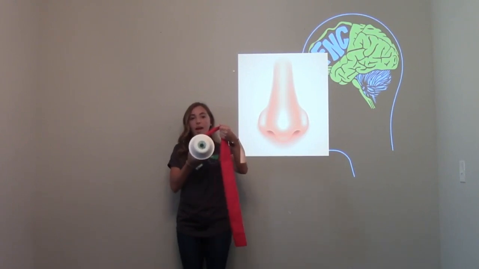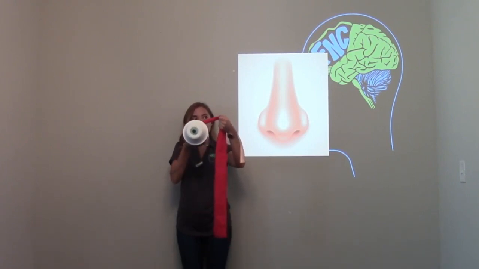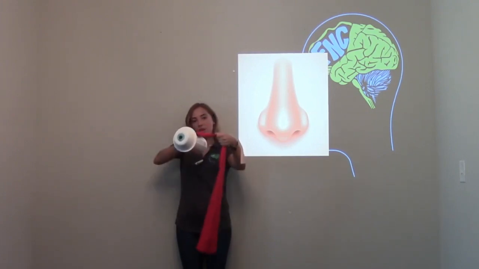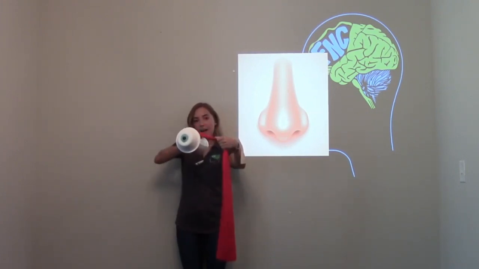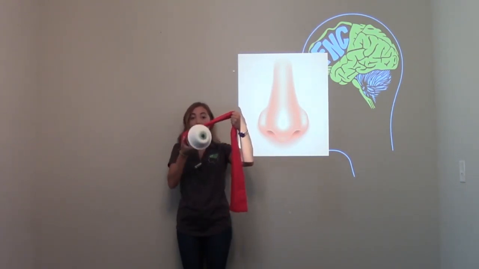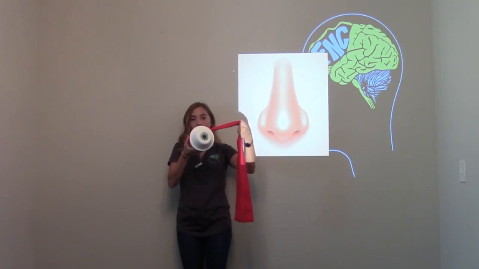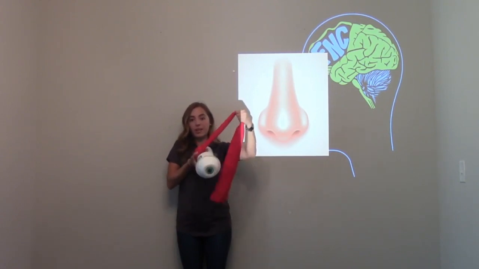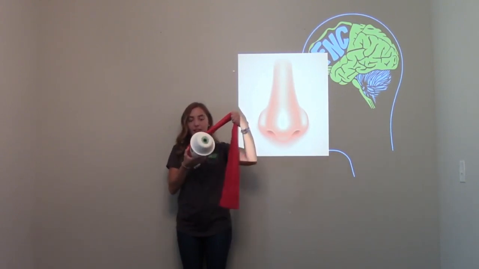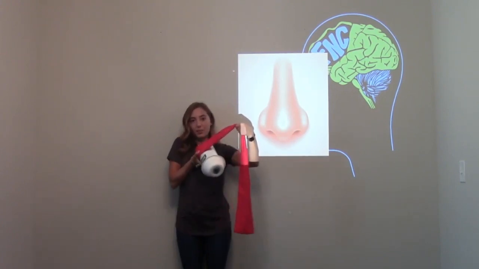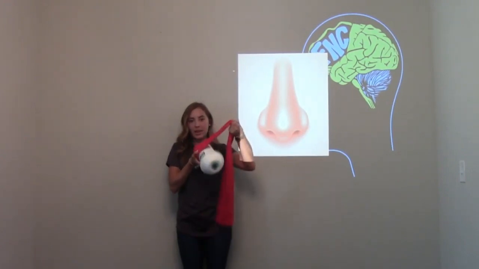So when we put our superior oblique into abduction and we contract our muscle, we are intorting the eye. And then when we bring our superior oblique into adduction, we are going to be pulling the back of the eye up, which is going to depress our eye. So that is how the superior oblique is depressing the eye. It's pulling the back of the eye up, which is bringing the front of our eye down.